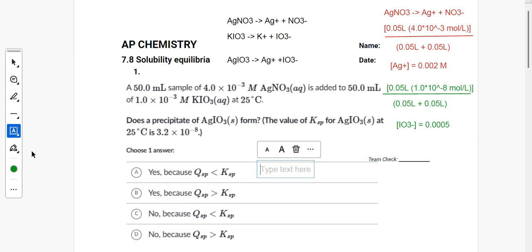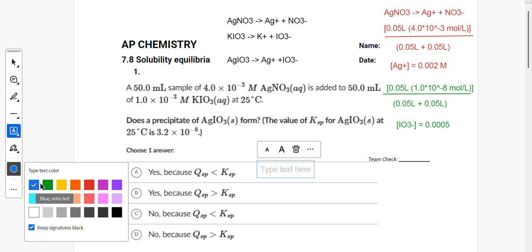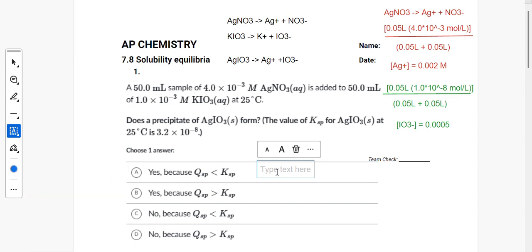So let's type that in, and let's see what blue looks like on here. Qsp is equal to my concentration of Ag plus ion times the concentration of the iodate ion.